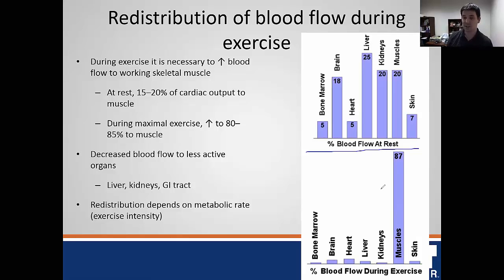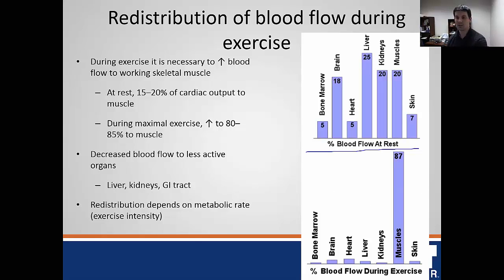This figure here is 87% going to muscle. In order to do that, we have to decrease blood flow to less active organs. We can do that in several ways, but the major way is by vasoconstriction and opening up the sphincters in the skeletal muscles.